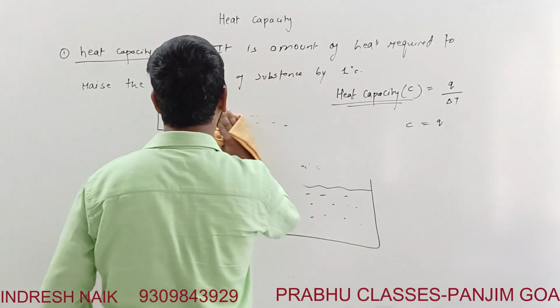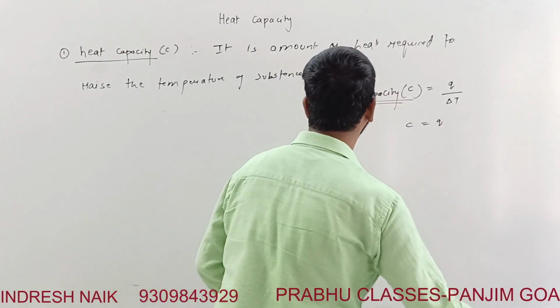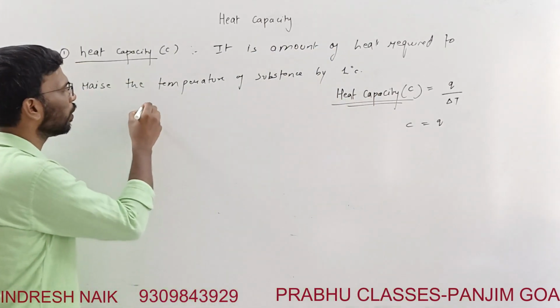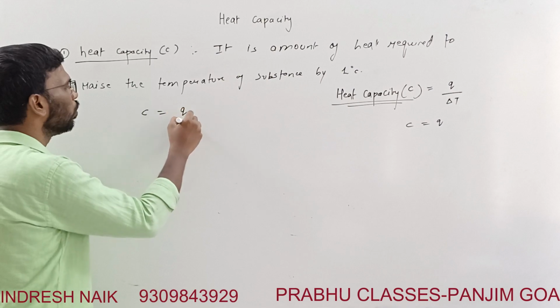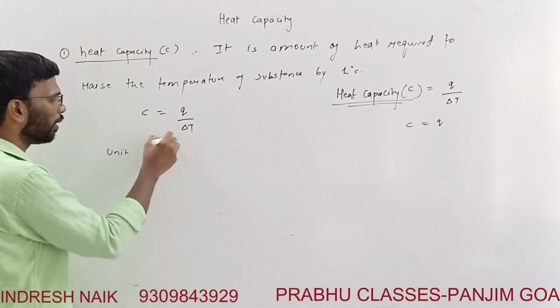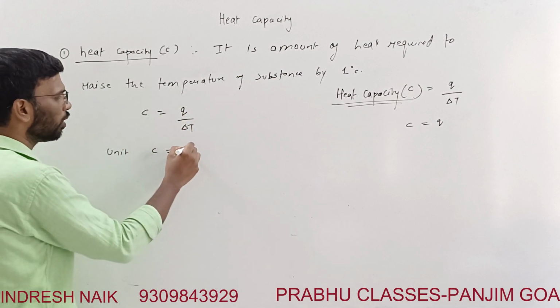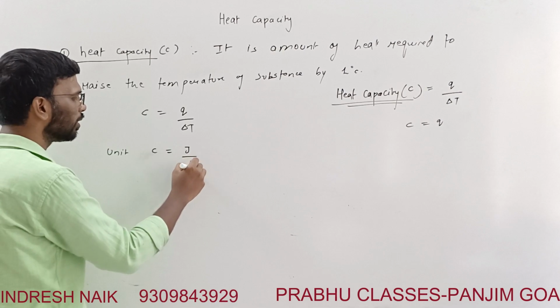Now let's talk about the units of the heat capacity. So heat capacity is given by C is equal to Q over delta T. So the unit of C will be, this is what? Joules, and this is Kelvin.